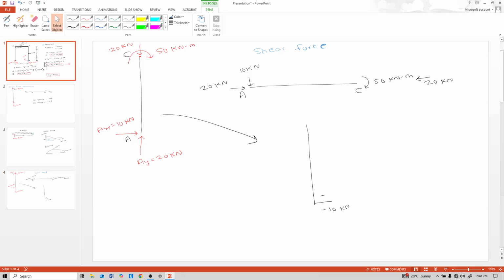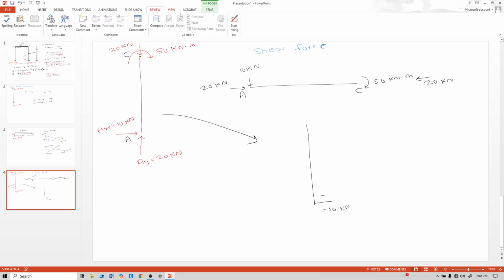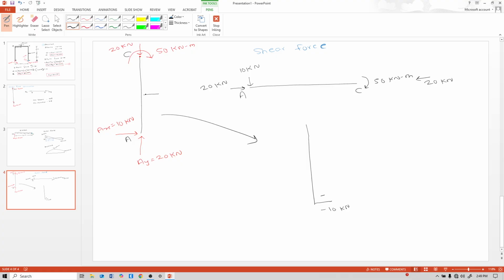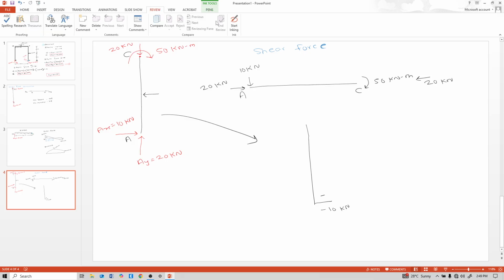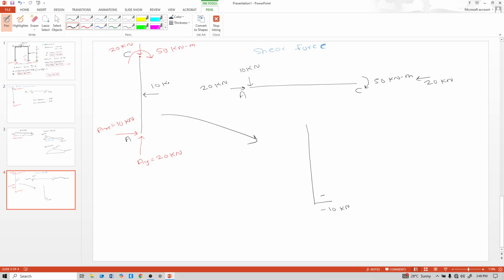So here 10 kilonewton load acts at a distance of 5 meter from the roller support. 10 kilonewton and 5 meter. So positive 10, and this is like this, 10 kilonewton. Again it goes upward, and this is like this.